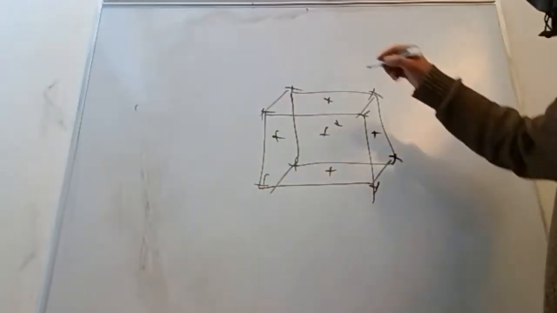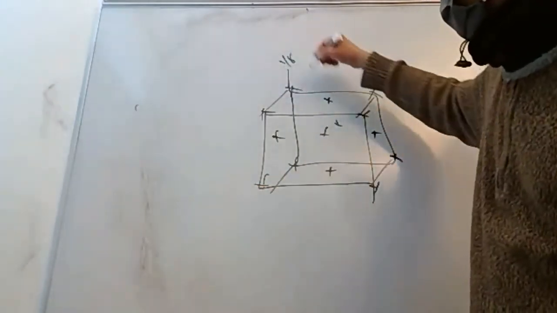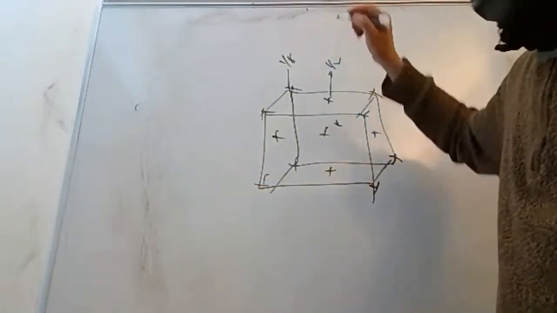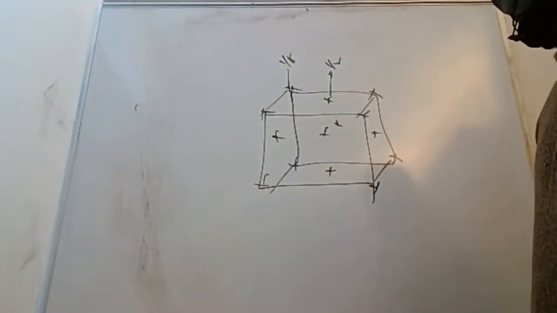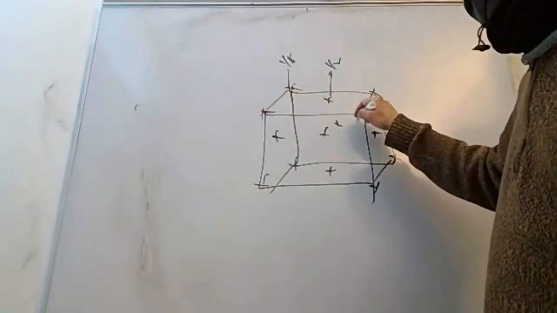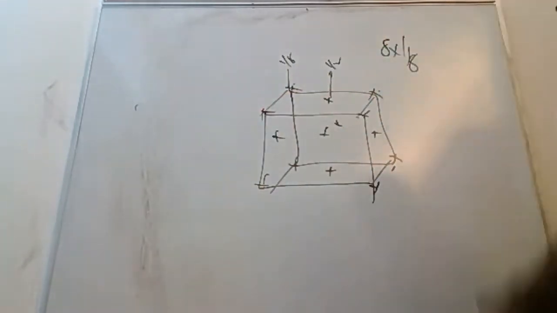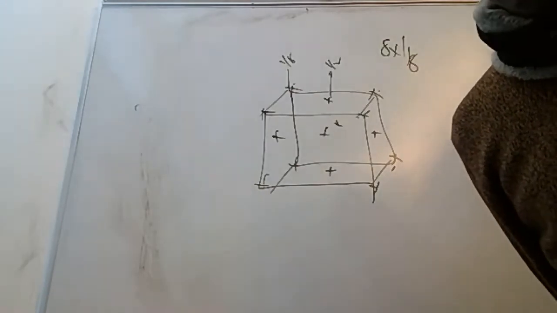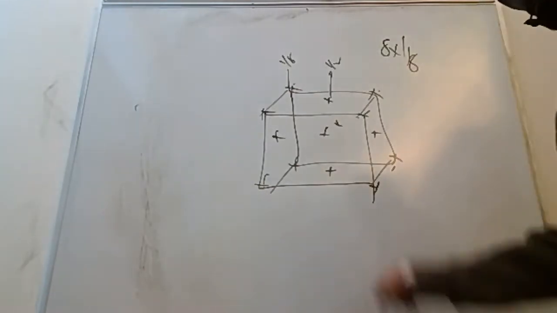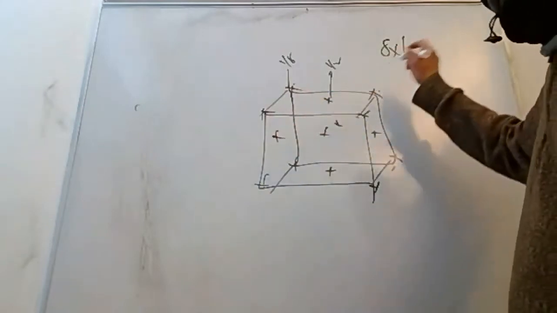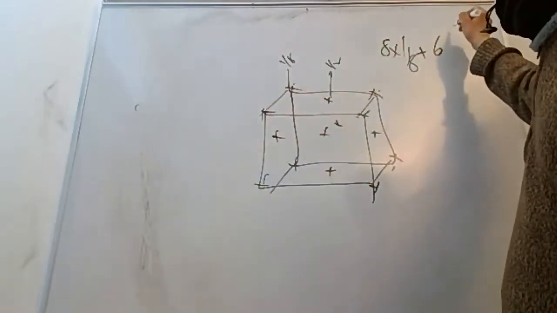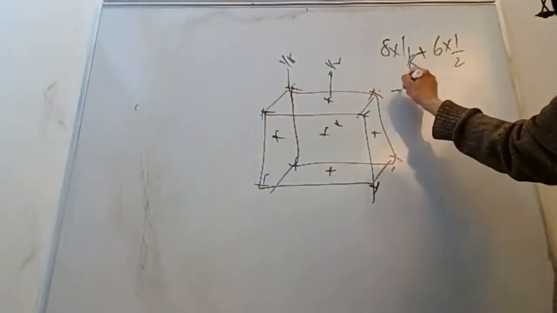we just recognized that the corners contribute 1/8 and the face centers contribute 1/2. So we have 8 corners, right? Each corner contributes 1/8, and 8 times 1/8 is the contribution from the corners. And I have 6 face-centered positions, each contributing 1/2.